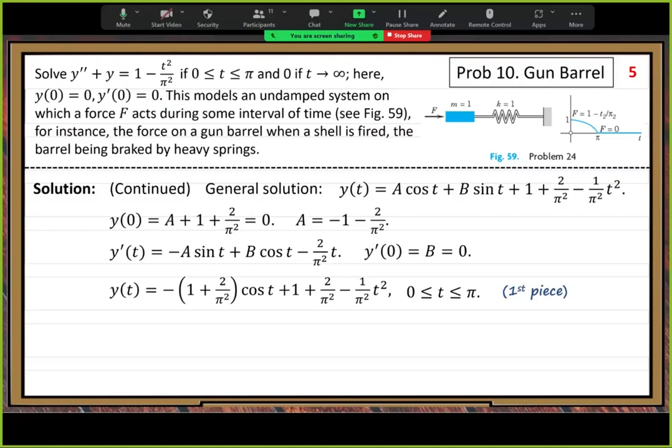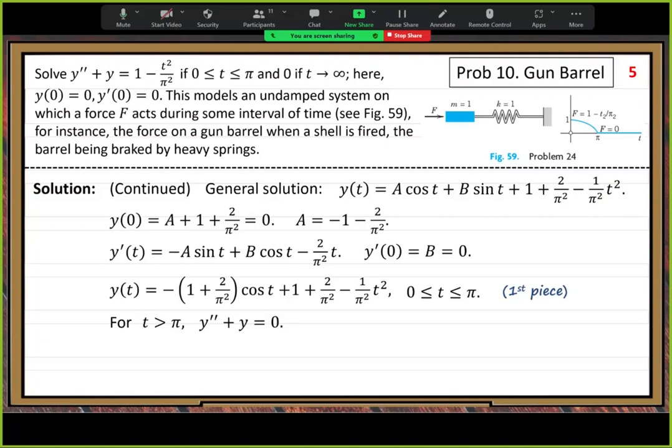We need to calculate the second piece to get a whole solution. How to calculate the second piece? The second piece is t after pi. But in the second piece, the force is gone. No force, F equals 0. So we should modify our equation, with the right-hand side 0 force.